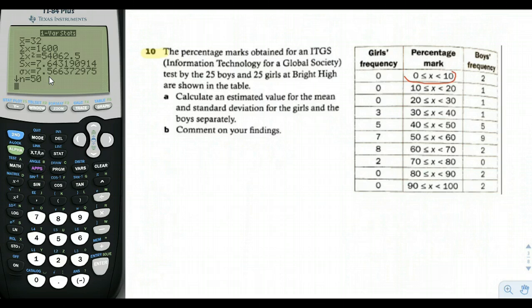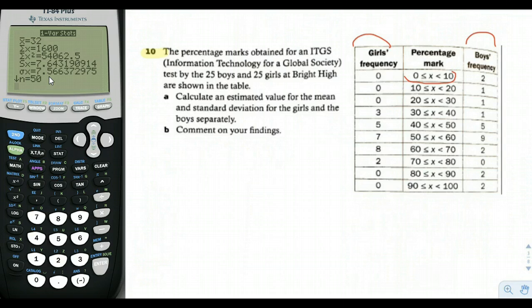Calculate an estimated value for the mean and standard deviation for the girls and the boys separately and comment on your findings. Now, the only thing confusing I thought about this table is that they always put frequency on the right side. And this is like one of the only problems where it's a little confusing because they put the girls' frequency on the left side and the boys' frequency on the right side.